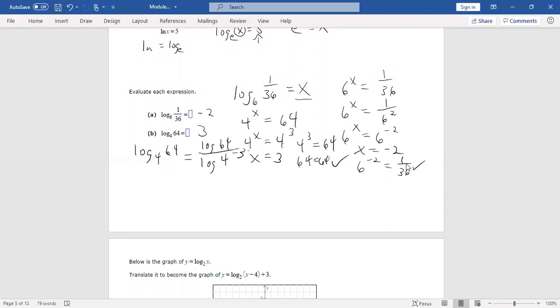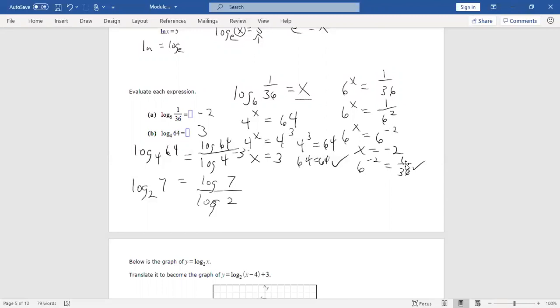Let's try one that's a little bit different. Let's say we were doing log base 2 of 7. Well, there is no value that we know that 2 can be raised to give us 7. So we're going to use that change of base formula. So on your calculator, you're going to put the log of 7 over the log of 2.